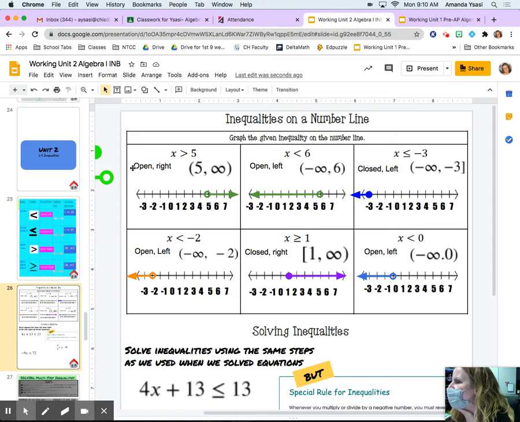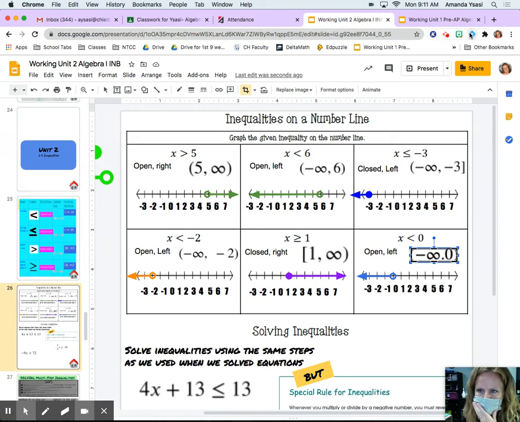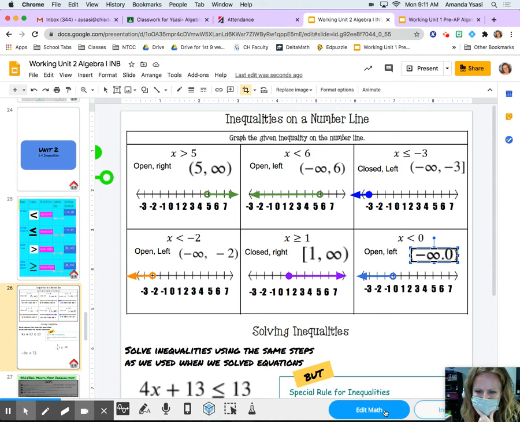And I went ahead and wrote the key words, the description, I guess, is what it's called. Open and right, open and left, closed and left, open and left, closed and right, and open and left. This one has a decimal for some reason. I think I can edit that using Equation.